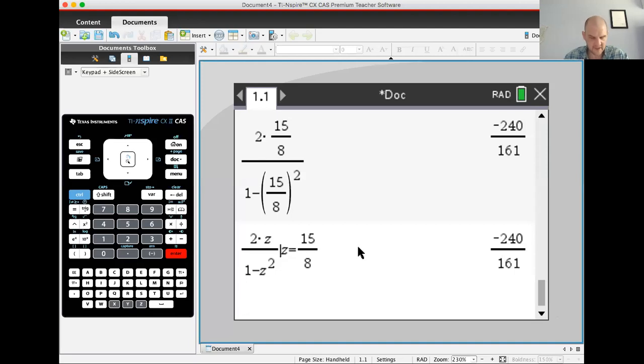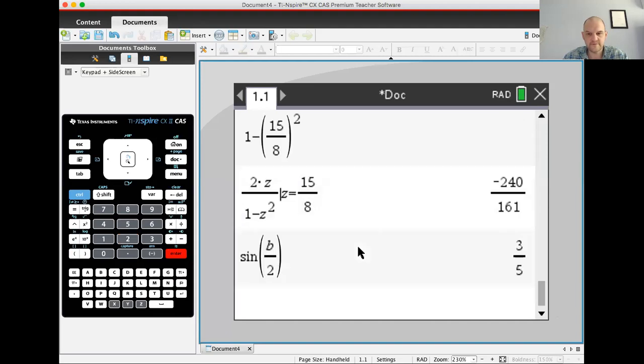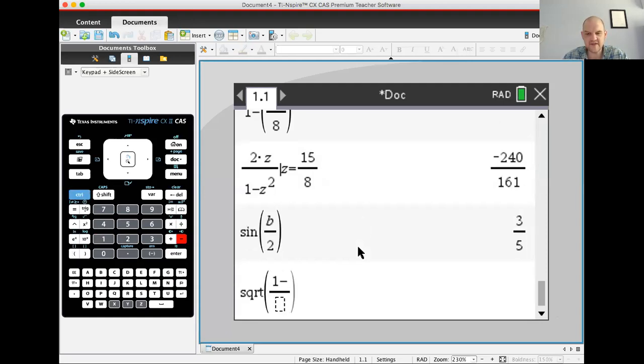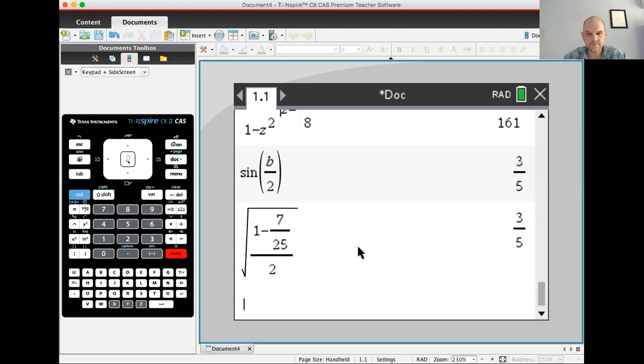Let's see. I'm just going to find the sine of b over 2, and I get just 3/5. That's weird. It looked like I could do that by hand pretty easily, which is why I said I'd use a calculator. 3/5, nice. Okay, so we got that. I'm trying to write with the eraser. I try to do weird things when I'm using an iPad that I would never do in the real world.